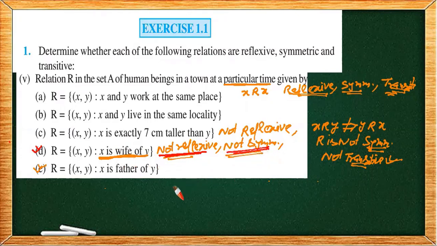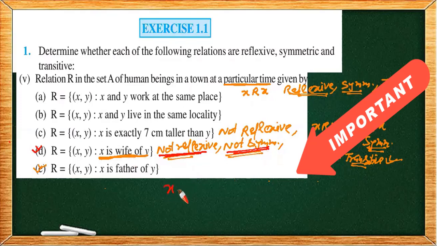Now for transitivity, xy belongs to R. We take xy belongs to R, which implies x is wife of y. Now y cannot be wife of z. So yz doesn't belong to R. So here we are unable to apply conditions for transitivity.